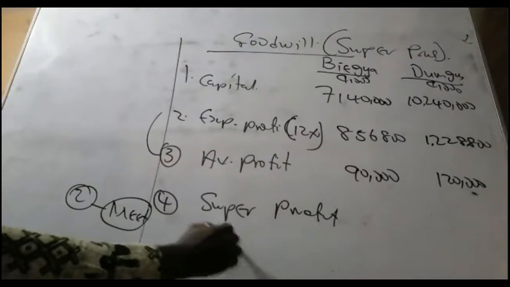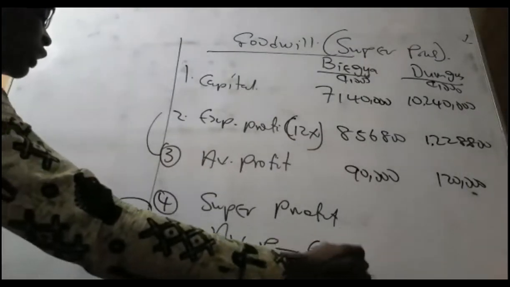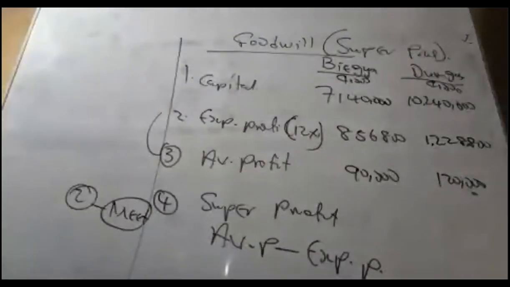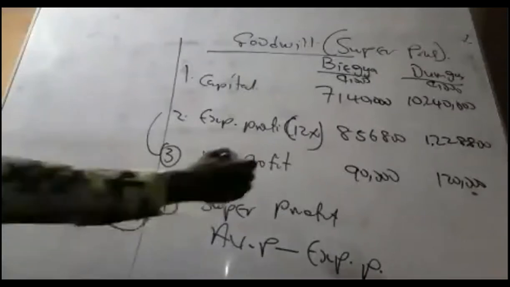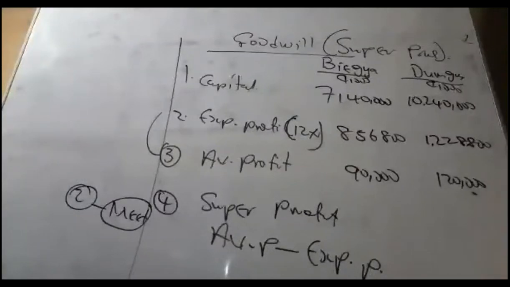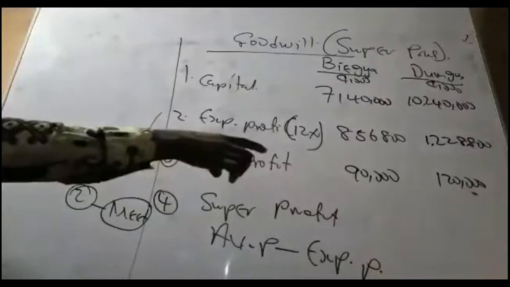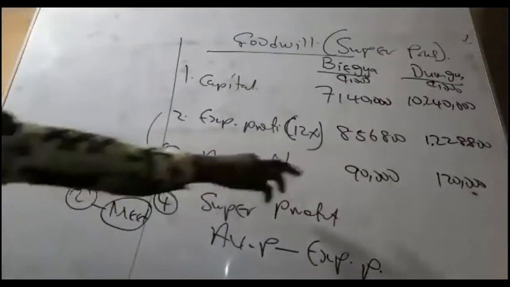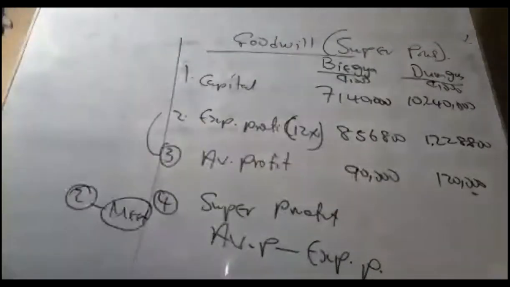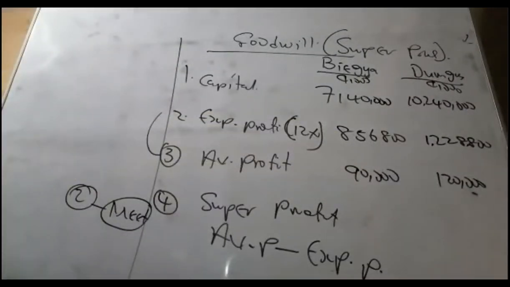Over here, it will not be possible, because the average profit is lesser than the expected profit. The average profit is 90, 90 minus this, 120 minus this. No. So there's no super profit. So here, dash.